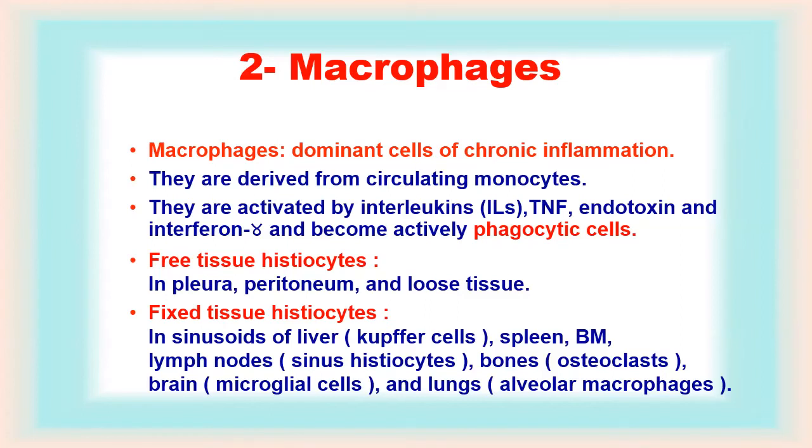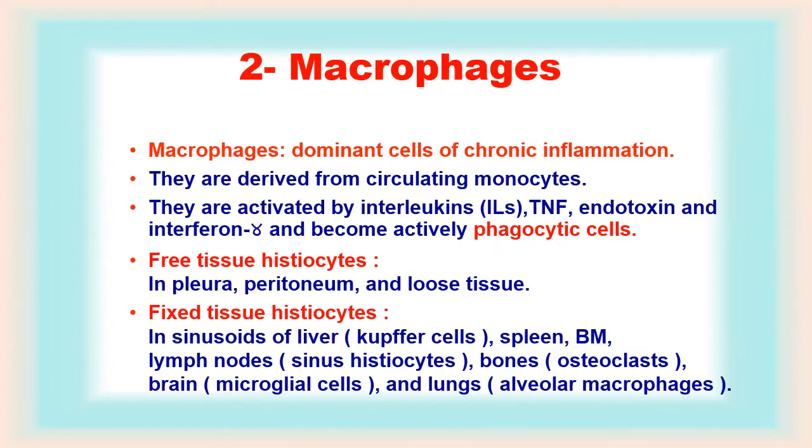Macrophages, also called tissue histiocytes, are normally present as free tissue histiocytes or macrophages, such as those diffusely scattered in the pleura, peritoneum, and loose tissue, or as fixed tissue histiocytes or macrophages, such as in the sinusoids of the liver, where they are called Kupffer cells, and in the spleen, bone marrow, and lymph nodes, where they are called sinus histiocytes.